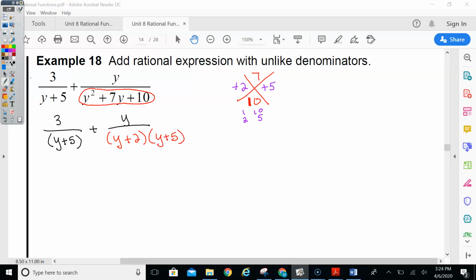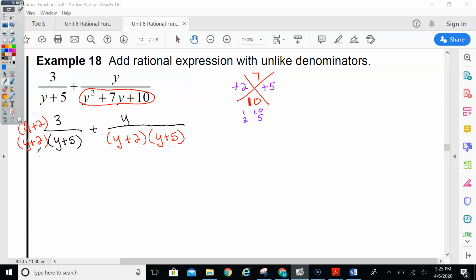So if you notice here, this one has a plus 5 and this one has a plus 5. This one has a y plus 2, but this one doesn't. So what we actually have to do is, in order to make them the same, we need to multiply this one by y plus 2. But whatever we do to the bottom, we have to do to the top. So y plus 2.